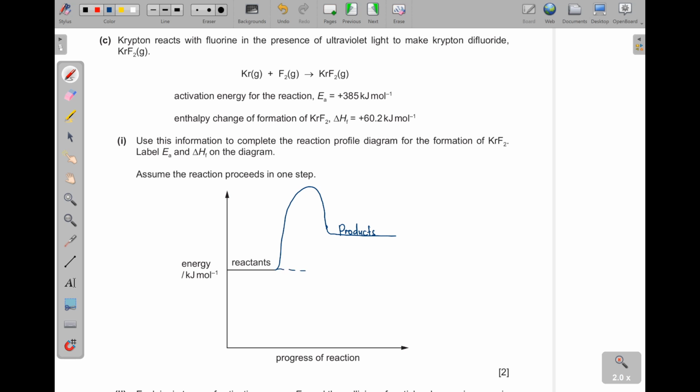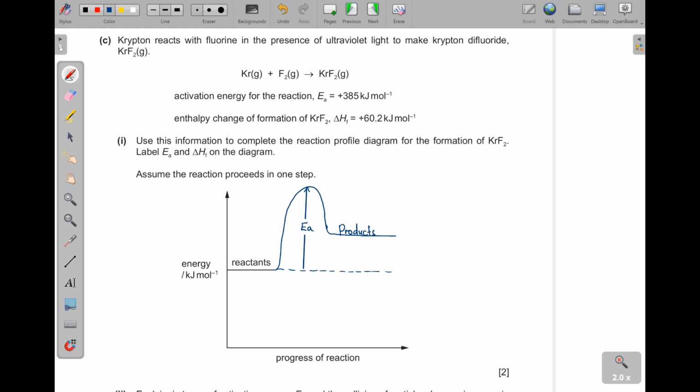One thing we need to know is that we shall put this dotted line here, and then we put this arrow here. This represents the activation energy, so I'll just put EA here, activation energy.